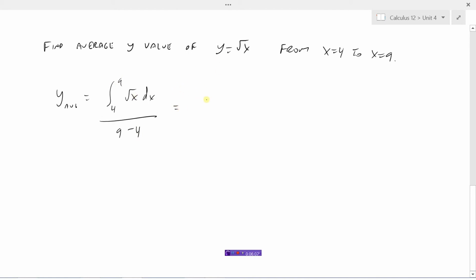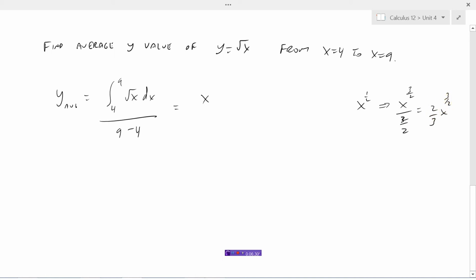So integrating this function, let's just do this on the side. Remember, the square root of x is x to the 1/2. Taking the integral of that, I would be adding 1 to the exponent and dividing by the exponent, which would be the same thing as multiplying by the reciprocal.